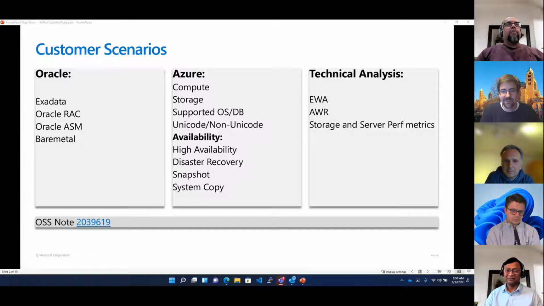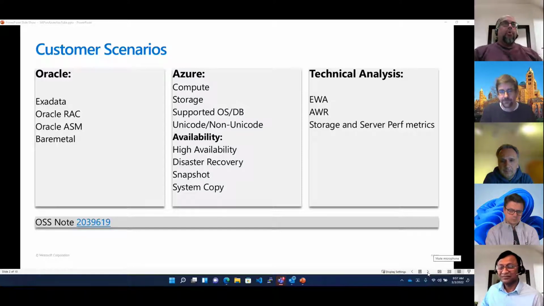So I'll move over to the right side of the screen, technical analysis. I've done quite a few migrations. One thing I notice sometimes when we do analysis is we're just mapping CPUs and memory, but there's a whole lot that goes into a 100 terabyte Oracle system. So we asked the customer to send over EarlyWatch reports, AWR reports, and different OS and storage metrics.